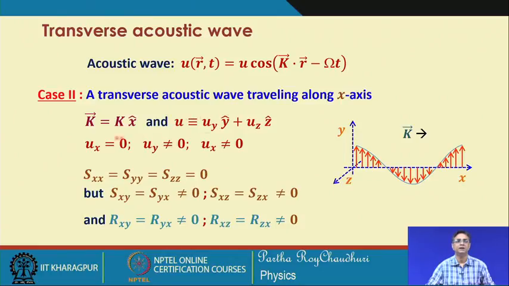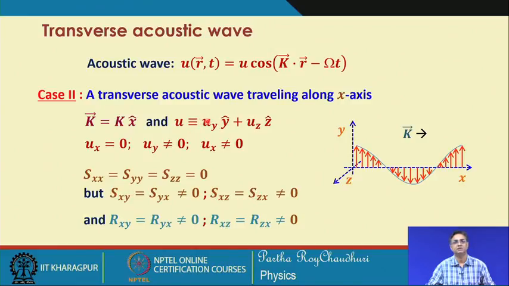In that case u x equal to 0, but u y and u z are non-zero, because it is not longitudinal. So, S x x, S y y, S z z are identically 0, but S x y equal to S y x are non-zero.